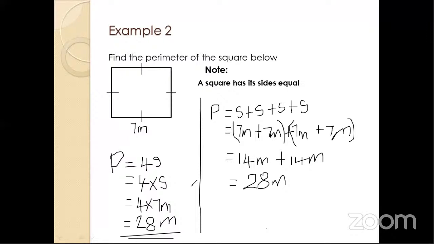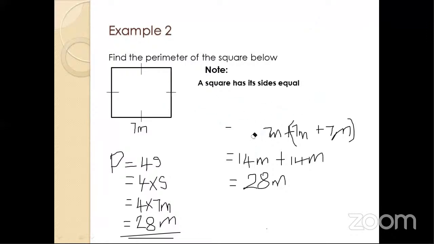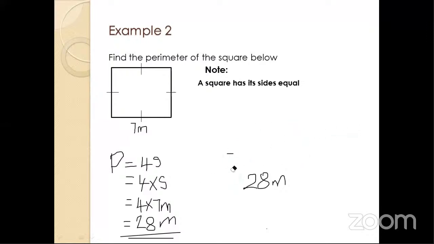Jairus said 28. Victor said 28. Divine said 28. Jacinta said 28. So thank you. That is the answer. So that is how you can find the perimeter of a square. You add all the 4 sides which are equal and you find the perimeter.